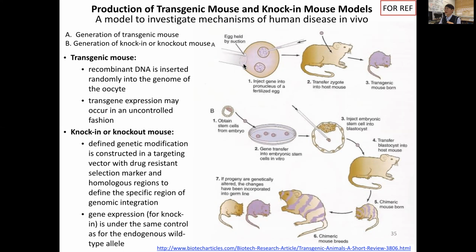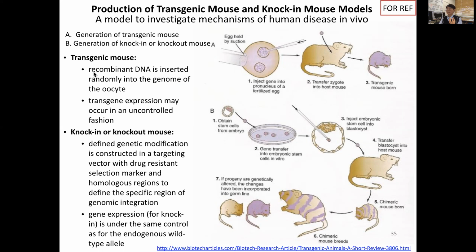This is a fertilized egg of a mouse, and we inject the gene into the pronucleus of the fertilized egg. That zygote is then put into a host mouse, and that will create a transgenic mouse. We can use this as a disease model or to study the expression of specific genes.